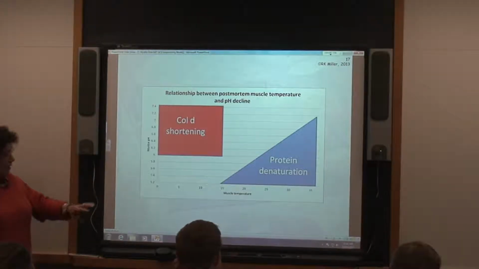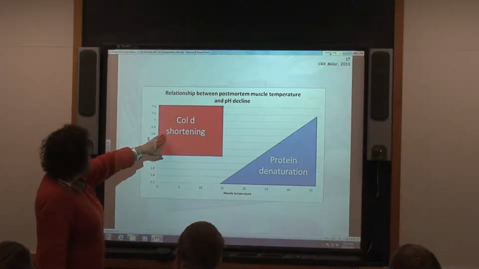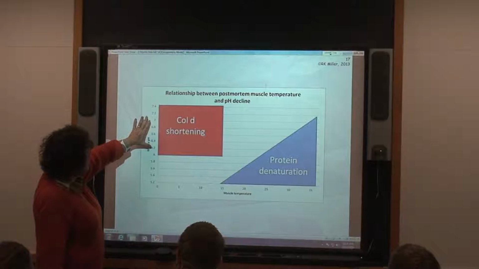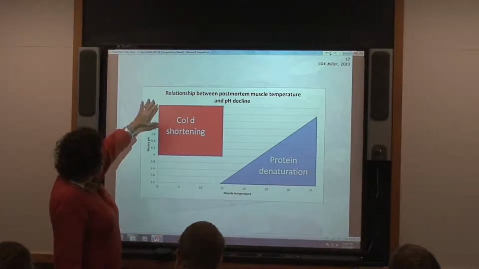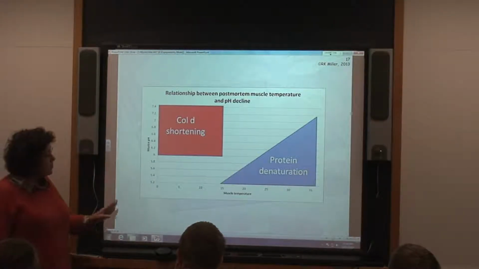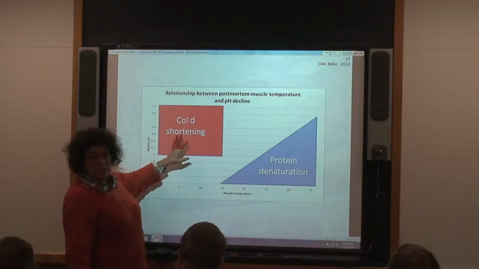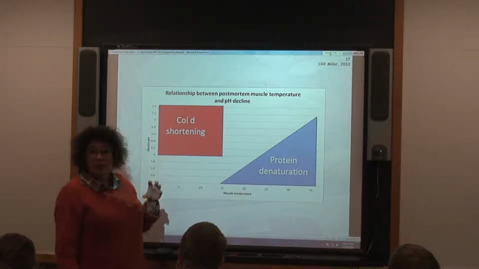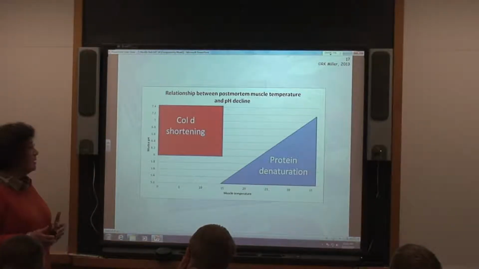And this is just a graph to show cold shortening and the relationship between pH and muscle temperature. So when we have pH greater than 6 and that muscle temperature is less than 15, that's the time that, the physiological conditions that we find result in cold shortening.